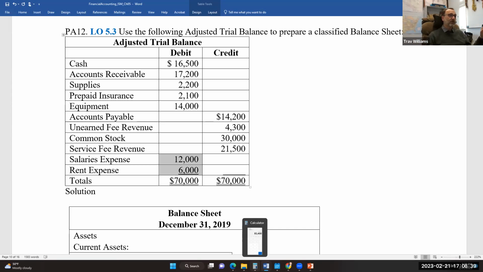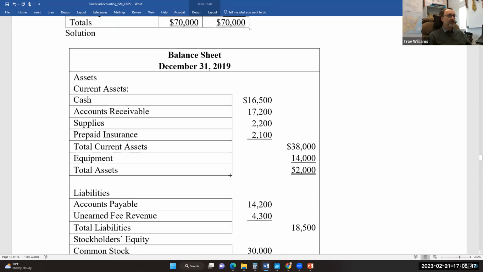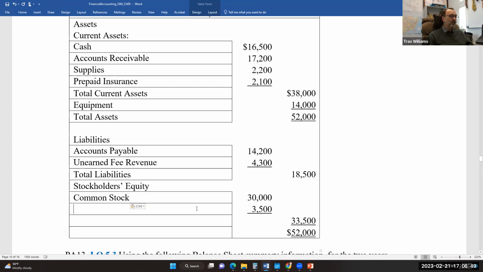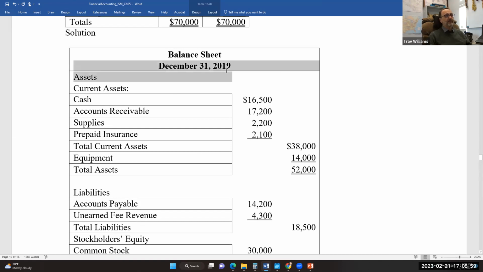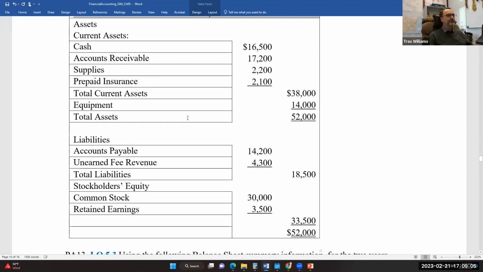There were 0 retained earnings at the beginning for this company. We're increasing it by the difference between the revenue and the expenses. And so our ending retained earnings, which we simply just call retained earnings, is 3,500. The reason we don't have to put ending is because it's as of this day, which is the end of the year. So we know it's ending retained earnings.